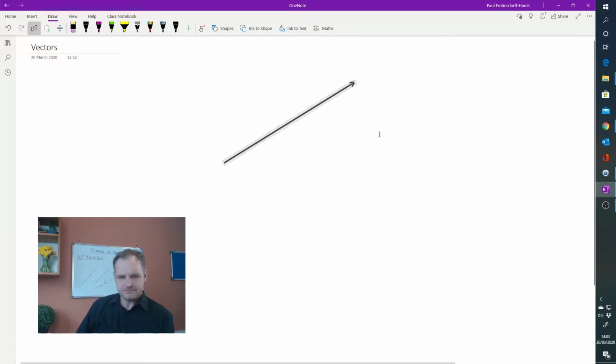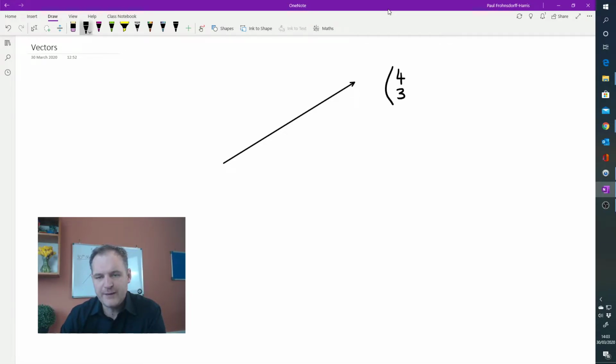Simple vector. Now, this vector will have a measurement attached to it. There are two ways we can write this. We could write (4, 3), or I can write this as 4i plus 3j.